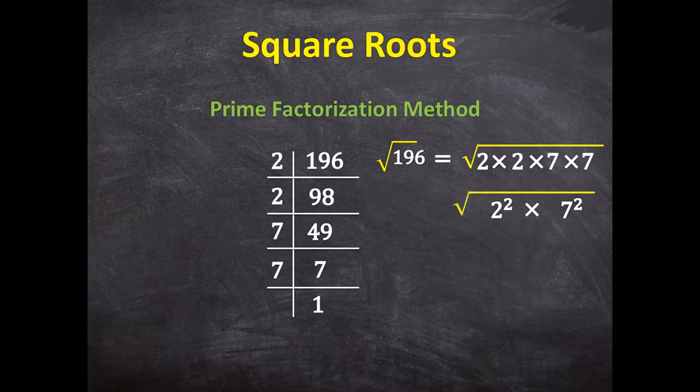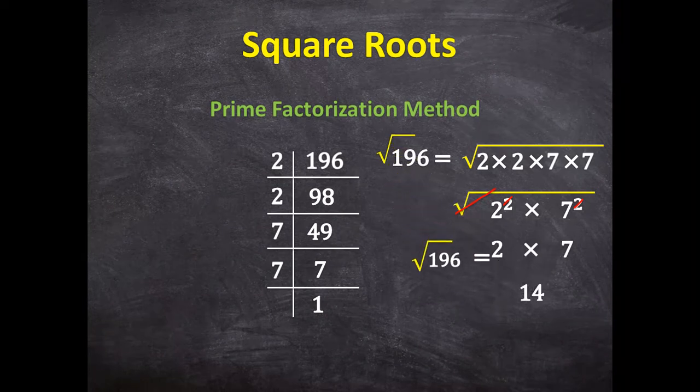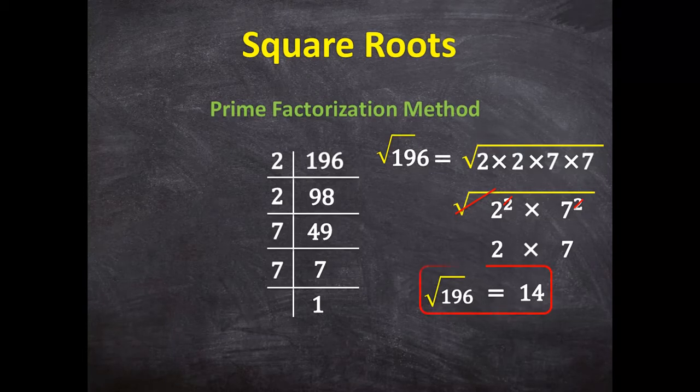Now, as we know, a square cancels the square root above it, so we have a single number from each pair: 2 from here and the 7 from here. Now we have single numbers, we will simply multiply them, that equals 14. So we can say the square root of 196 equals 14.